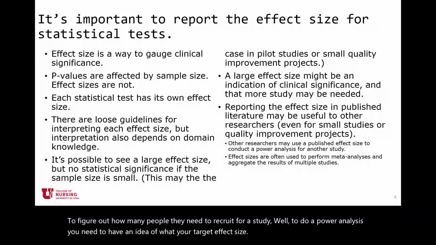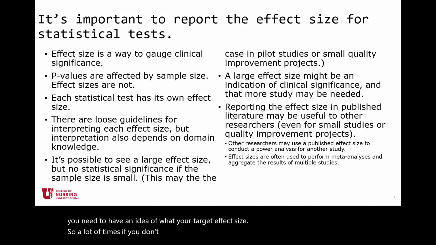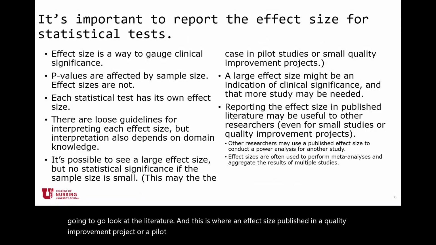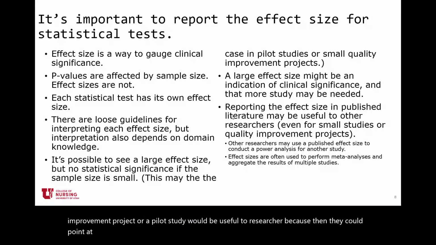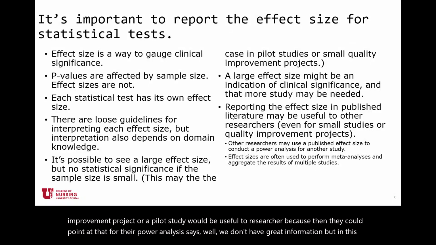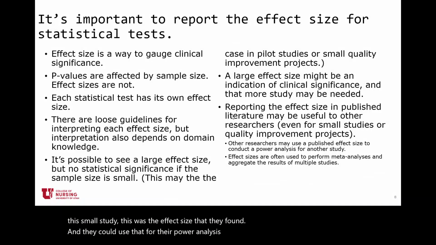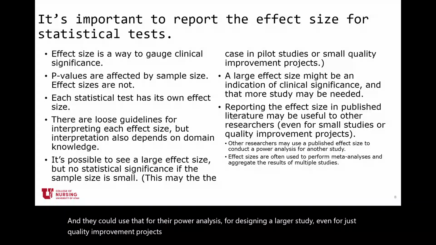So a lot of times, if you don't know in your domain what a typical effect size might be, you're going to go look at the literature. And this is where an effect size published in a quality improvement project or a pilot study would be useful to a researcher, because they can point at that for their power analysis and say, well, we don't have great information, but in this small study, this was the effect size that they found. They could use that for designing a larger study. So even for just quality improvement projects or pilot studies, publishing that effect size is actually meaningful for further science.